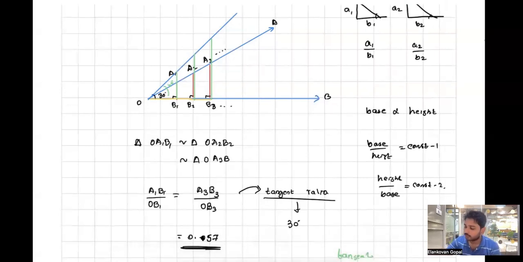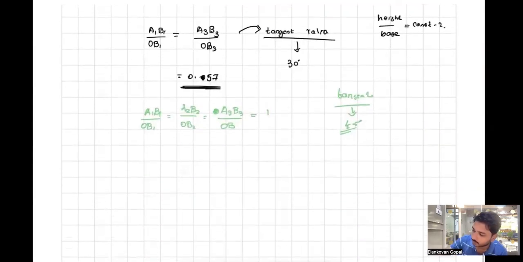So how we can represent this mathematically is that tan 45 is 1. How we obtain this tan 45 is that tan 45 is nothing but the ratio between the opposite side of the triangle to the adjacent side of the triangle.